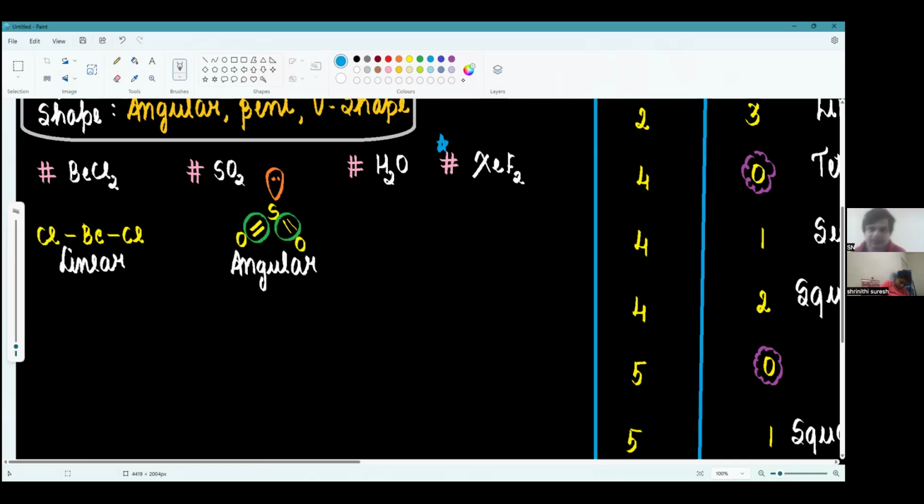So now XeF2. In XeF2, 2 sigma and 3 lone pairs are there. The hybridization number will be 5. So the geometry will be trigonal planar. If you carefully check this, it looks somewhat like this. If you see its diagram, it looks like this.